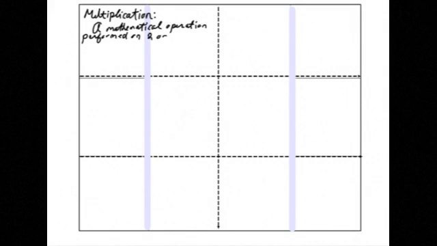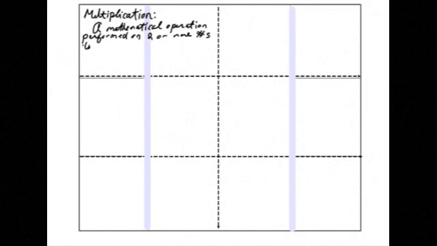So bear with us. The definition of multiplication is a mathematical operation performed on two or more numbers to get a product.